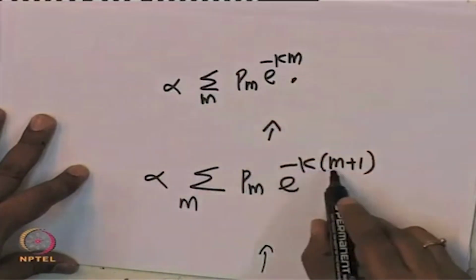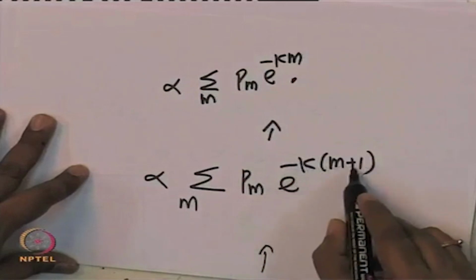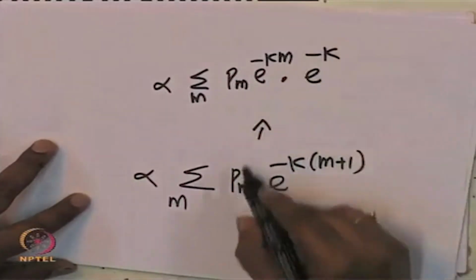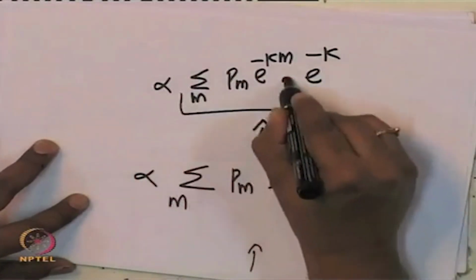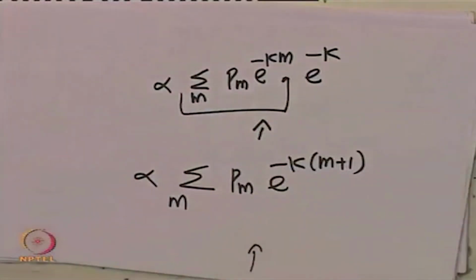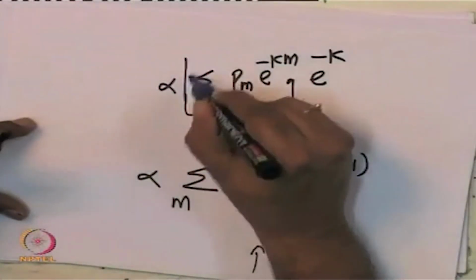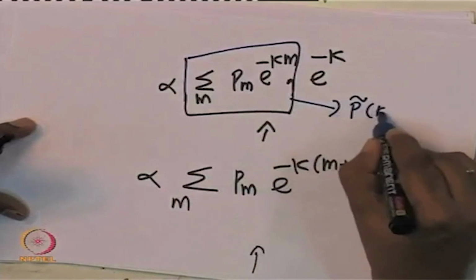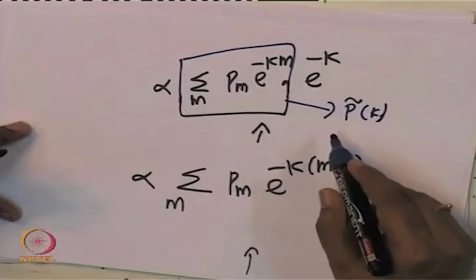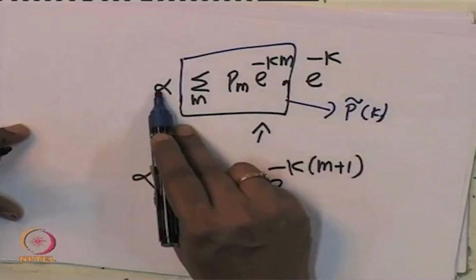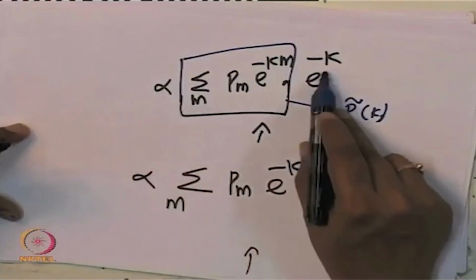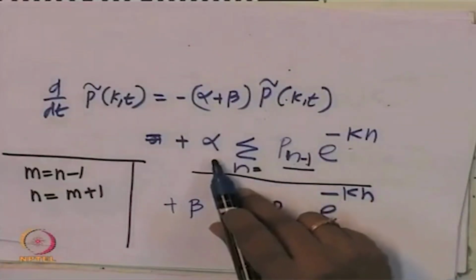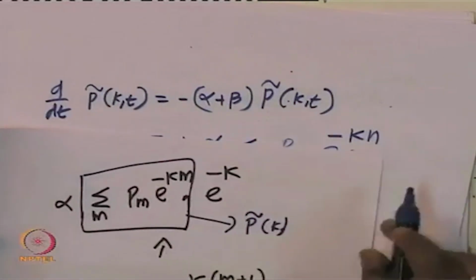You can see this e power minus k m plus 1 can be written as e power minus k m times e power minus k. And if you look at just this part, we can call this again p tilde of k. So, this is our p tilde of k. What you get there is alpha times p tilde of k into e power minus k. So, that is what this term will end up as: alpha into p tilde of k into e power minus k.